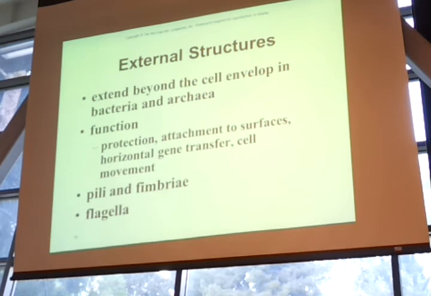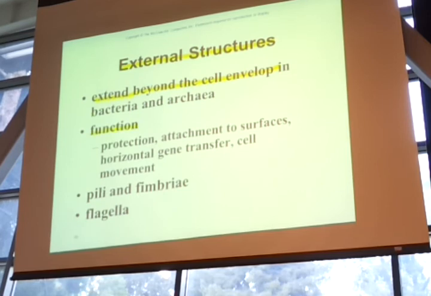Now as far as external structures, these are things that look like they're hanging on the outside of the cell, but they're actually attached to the inside of the cell. They don't start from being external. They start internally. They just happen to hang off the outside. So they extend beyond the cell envelope.